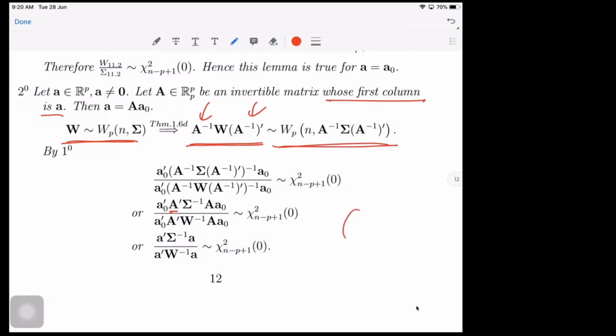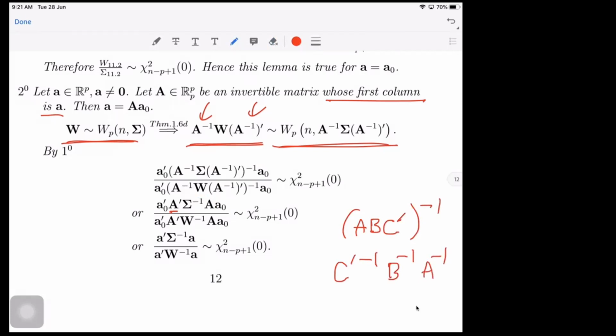Rakag na ay A, B, C prime. No? Man inverse. So naitabo mura siya C prime inverse, B inverse, A inverse.